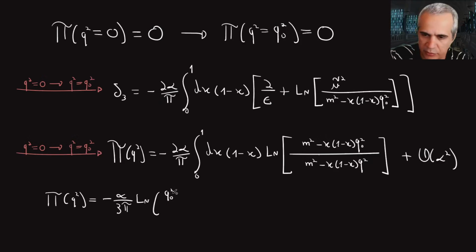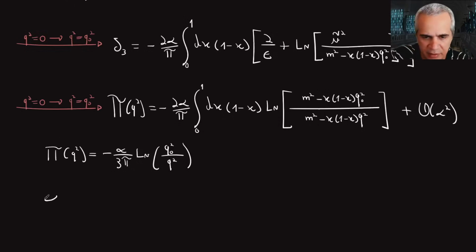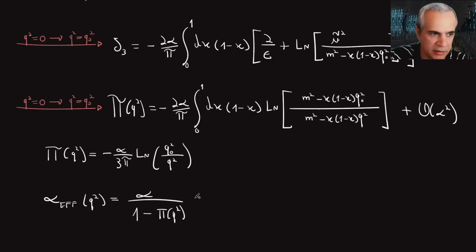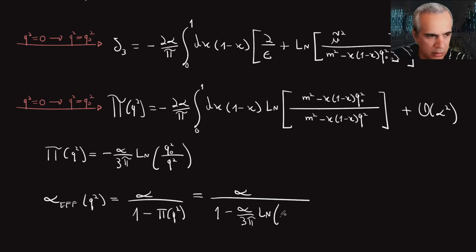It's just Q squared over Q naught squared. Which means that the effective fine structure constant becomes just alpha. Again, it's the same expression here, but if I substitute these here, I get alpha over 1 minus alpha over 3 pi log of Q squared over Q naught squared.